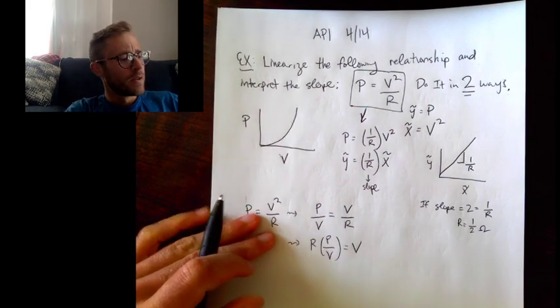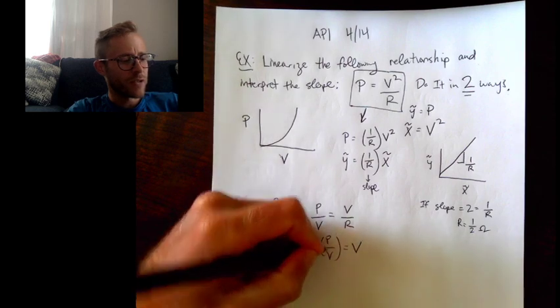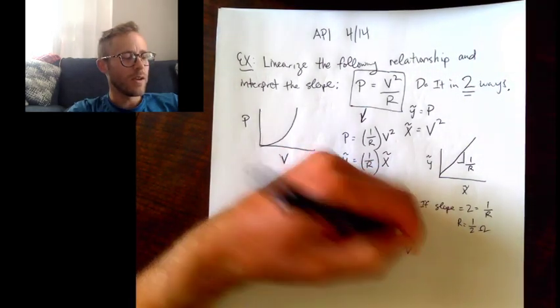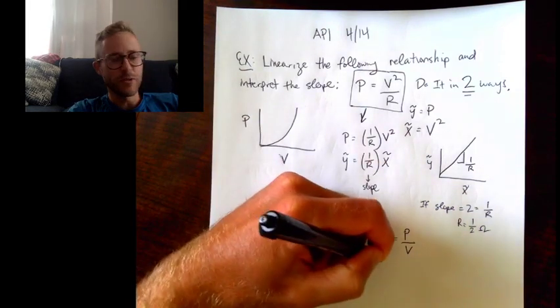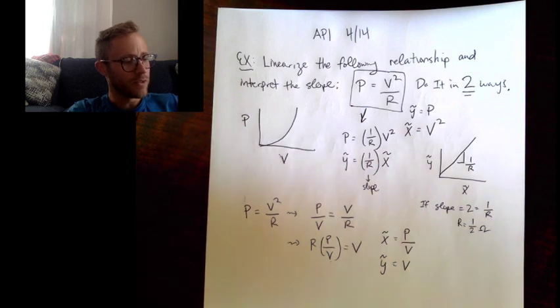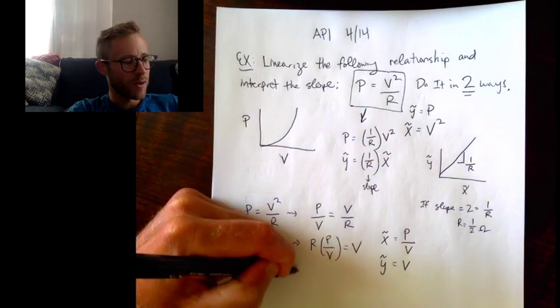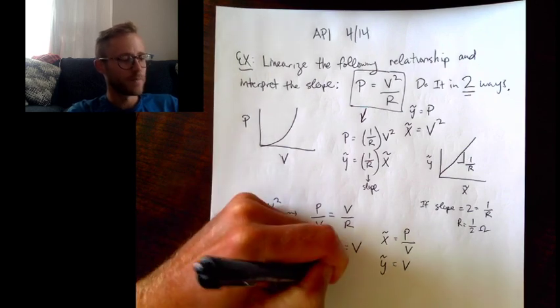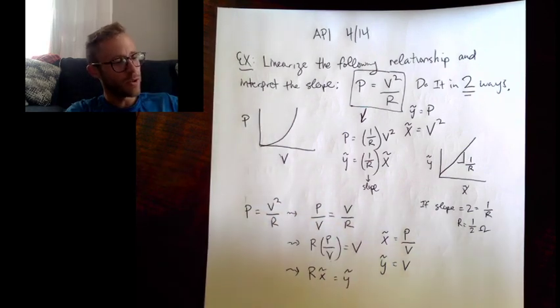Okay? Now what if I let x squiggle equal P over V and y squiggle equal V? Then this equation would take the form R times x squiggle equals y squiggle.